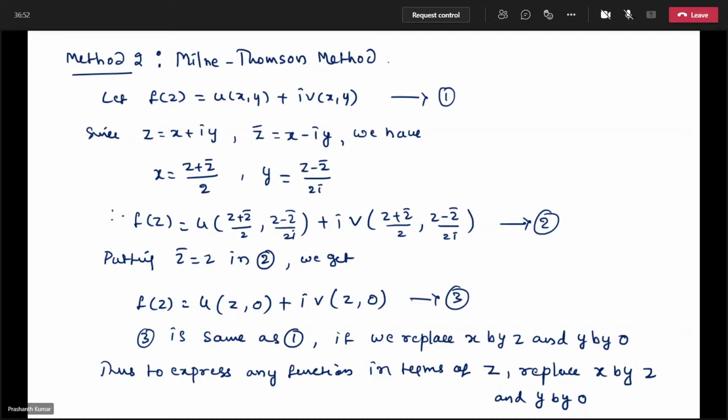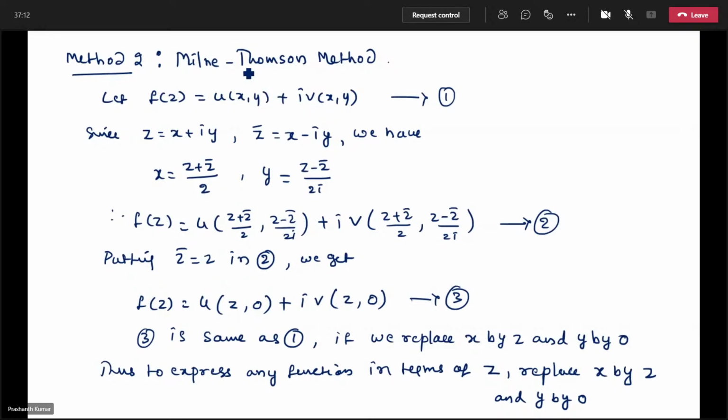Now, how can we find the v? Up to this one, the function value f of z, the analytic function, we are directly finding. But what is the thing we want to find? If u is given, how can you find v? This is the question.